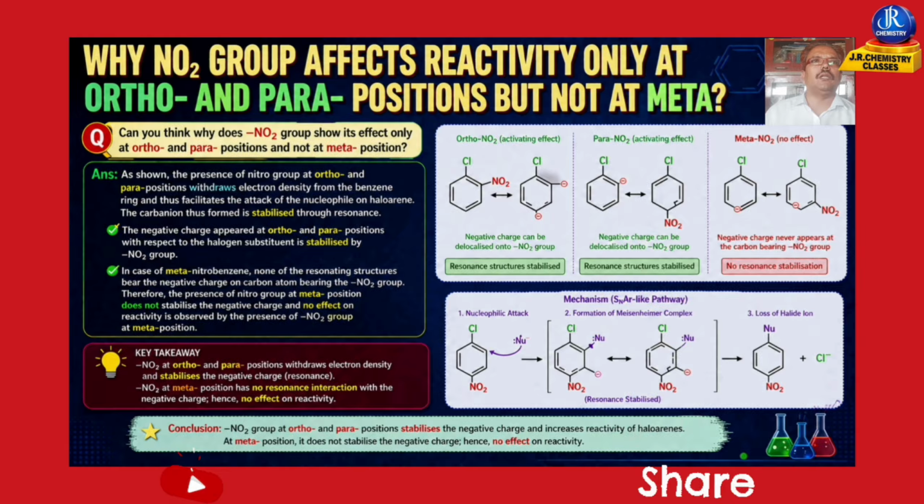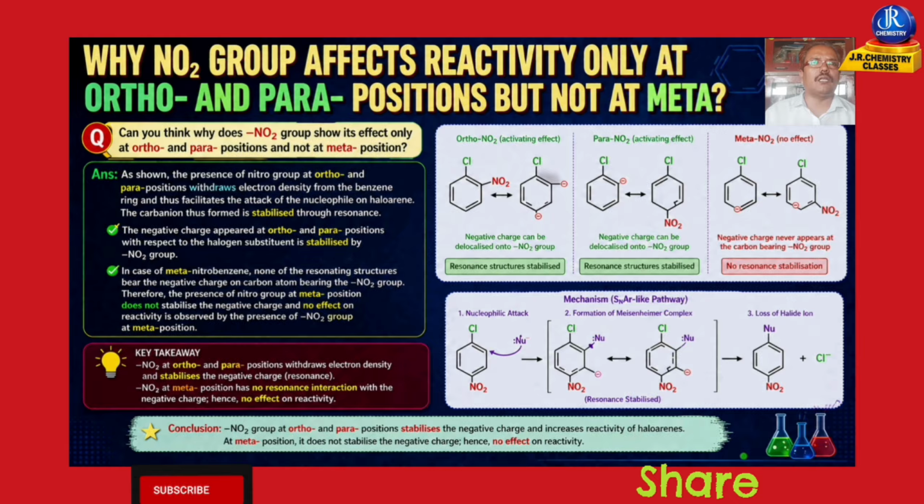As shown, the presence of nitro group at ortho and para position withdraws the electron density from the benzene ring and thus facilitates the attack of the nucleophile on haloarene. The carbanion thus formed is stabilized through resonance.